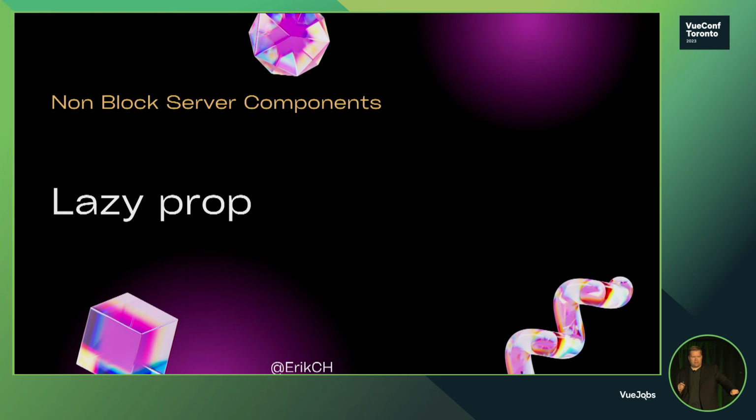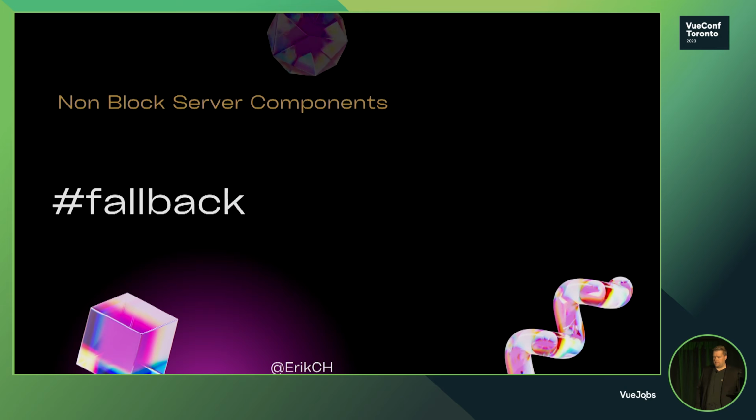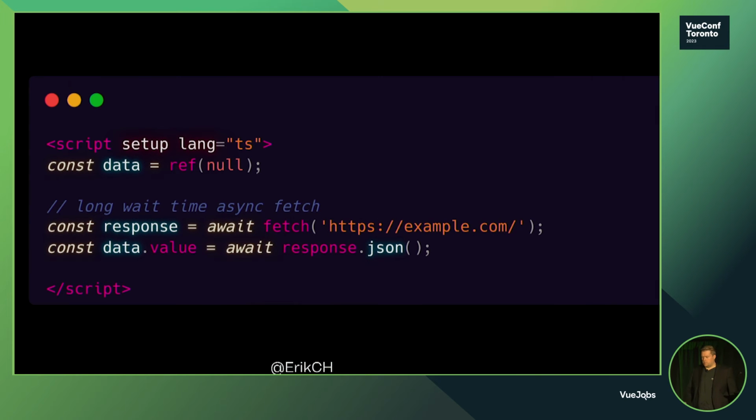And so it had a few things to get it working. First, you have a lazy prop, and you have a fallback. This is just a named slot called fallback that's defaulted in there. So what you would do is, let's assume this is our user profile or a server component that we set up in our app, and we have this await call, and it's taking a long time.